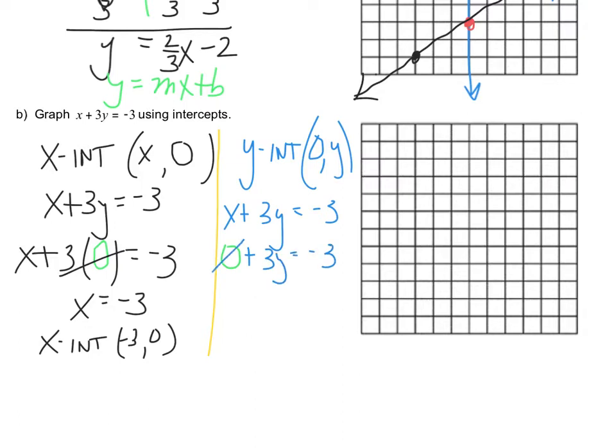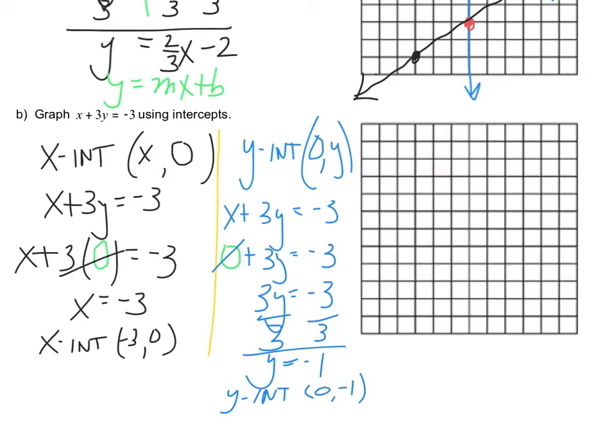That just disappears. I get 3y equals negative 3. And then I just have to divide by 3. So y equals negative 1. So again, for the y-intercept, we know the x is 0. And when the x is 0, we just proved that y is negative 1.